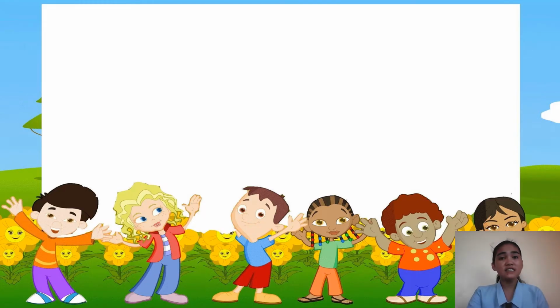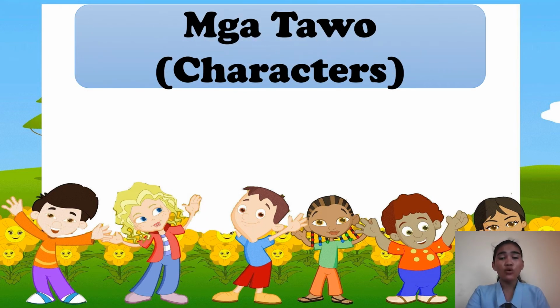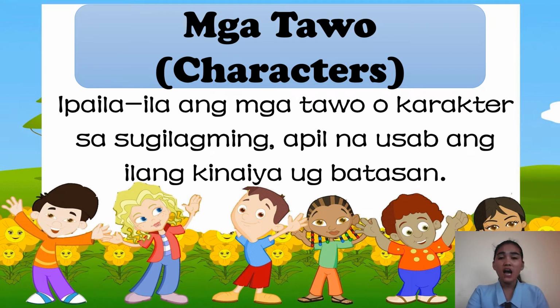The first element of a story is mga tao, or in English, it is characters. So, ipaila-ila ang mga tao o character sa sugilagming. Apil na usab ang ilang kinaiya ug batasan. So, ang mga tao or the characters are the people in a story.